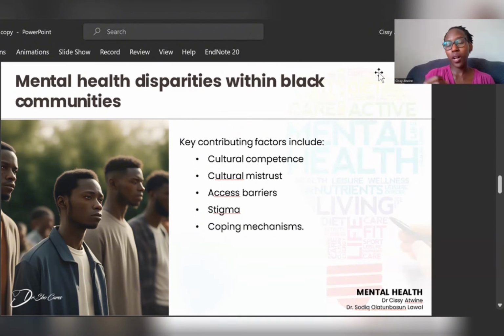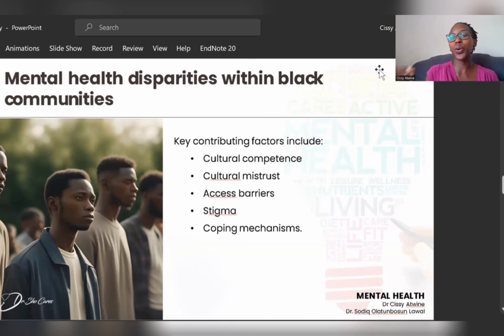So there is need for cultural competence within mental health care professionals. There's cultural mistrust. Black people tend to mistrust white people generally, but more so in the mental health setting because of the historical factors of being enslaved and being mistreated. So why would you be going to someone like this to help you? These are the kinds of reasons that cause cultural mistrust, so people don't seek help because they're worried about that.